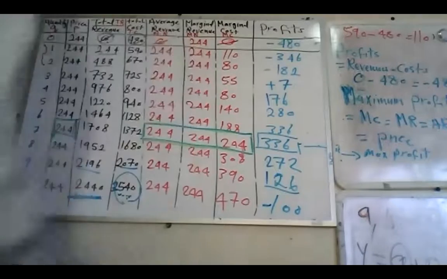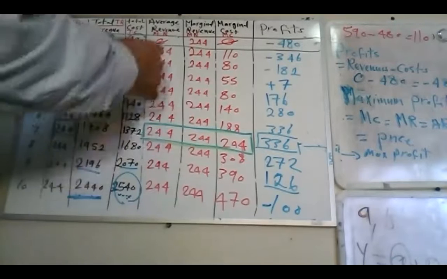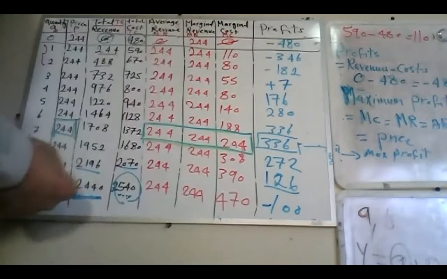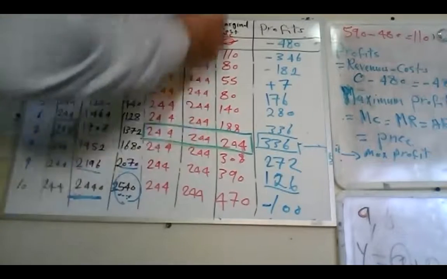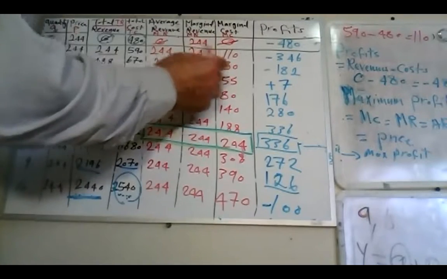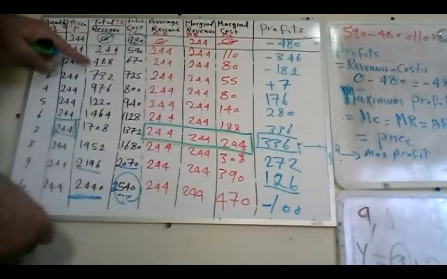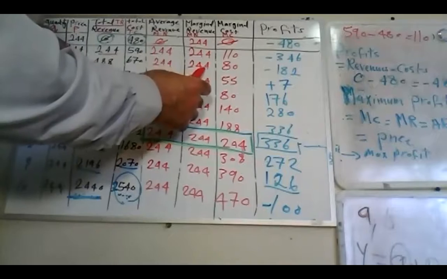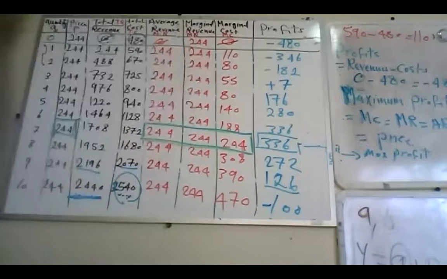Then the marginal revenue is also constant in this example, because the marginal is the difference in the total revenues. For example, 244 minus 0 gives me 244, 488 minus 244 gives me 244, and so on for the rest of the column.